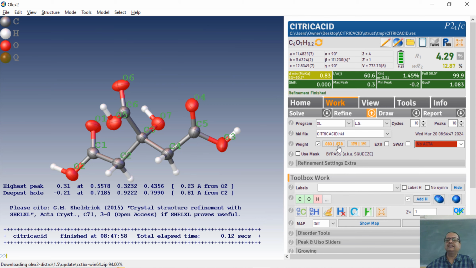What we see is that the weighting parameters are still orange. So one can do a few rounds of refinements to make everything green. And what has happened, you see here now the R factor is 4.24. And as I said, the wR2 will be about 3 times the R factor. Right?